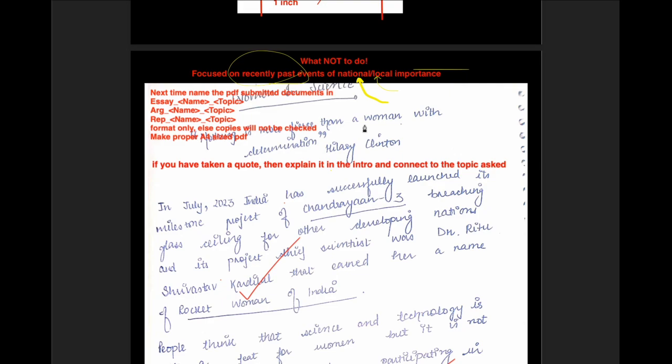Then another thing in a report is that you always start with something of current relevance, something of current importance. That means suppose the topic is on the Delhi oxygen crisis or something, then you have to start that so and so thing is happening.